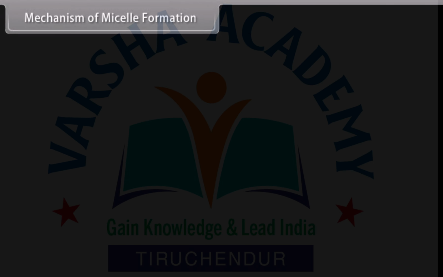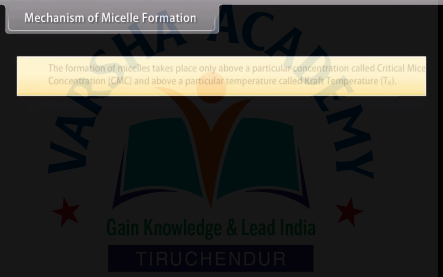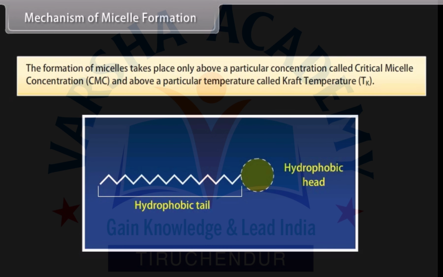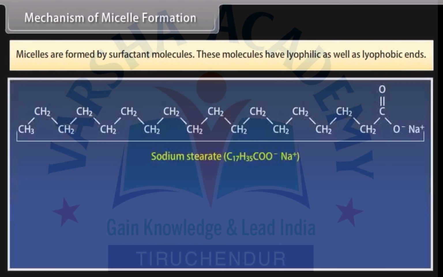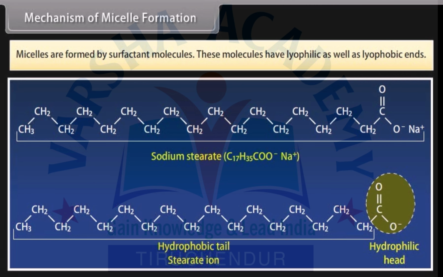Mechanism of micelle formation. The formation of micelles takes place only above a particular concentration, called critical micelle concentration, and above a particular temperature called Kraft temperature. Micelles are formed by surfactant molecules. These molecules have lyophilic as well as lyophobic ends.